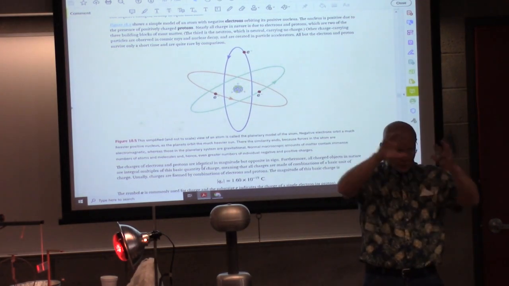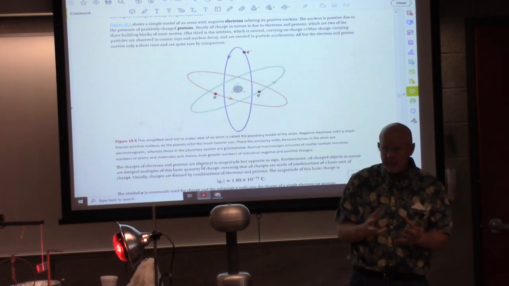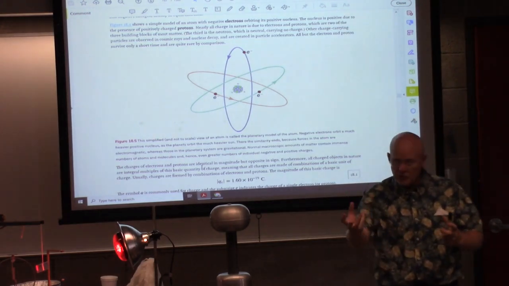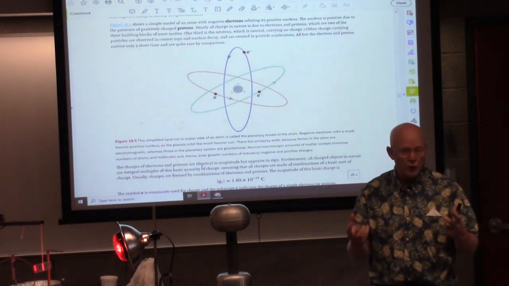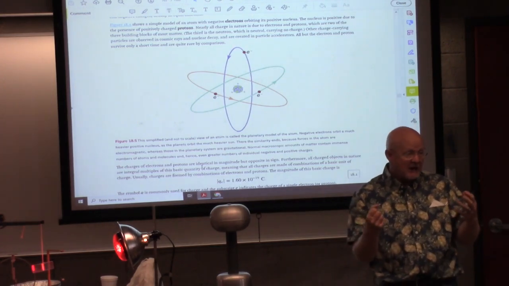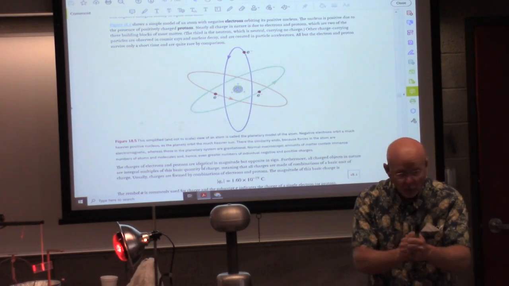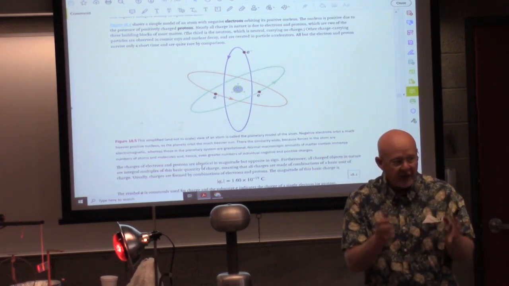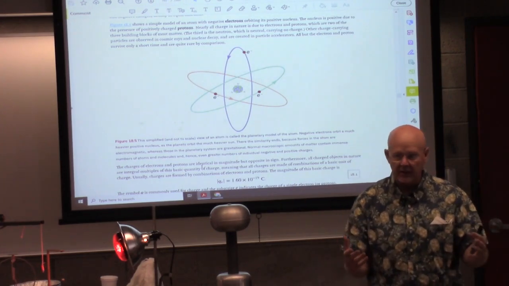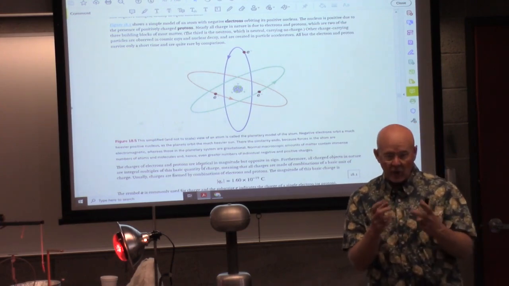Okay, and so the reason I bring that up is because then if I take two elements or two substances, I'm going to take some vinyl and some acetate in a few minutes, and I'm going to bring them together and rub and scratch them, the things that hit are the stuff on the outside. It's the electrons. And that's what I want to get across.